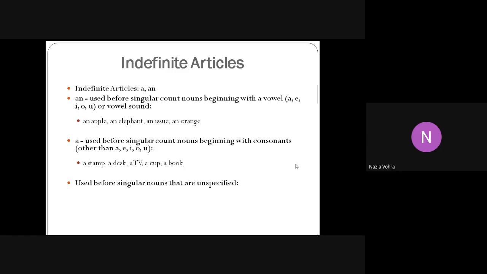I'm watching a TV, but I'm not specifying which show I'm watching, I'm just watching TV. If someone asks me what are you doing, I say I'm watching TV. But which show, that's when you say I'm watching this particular show. So when something is not specified, that time you use the indefinite article. Is it clear, guys?